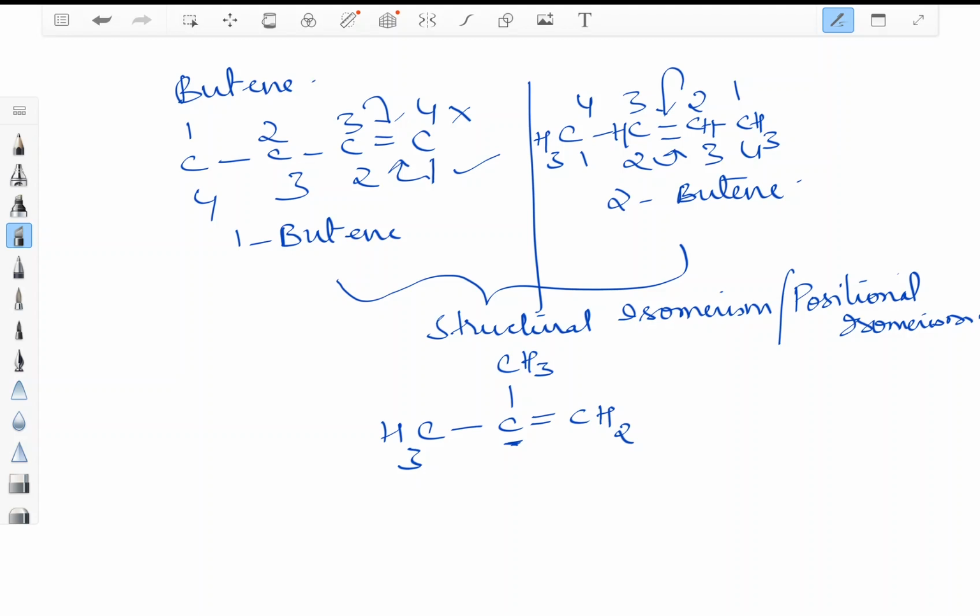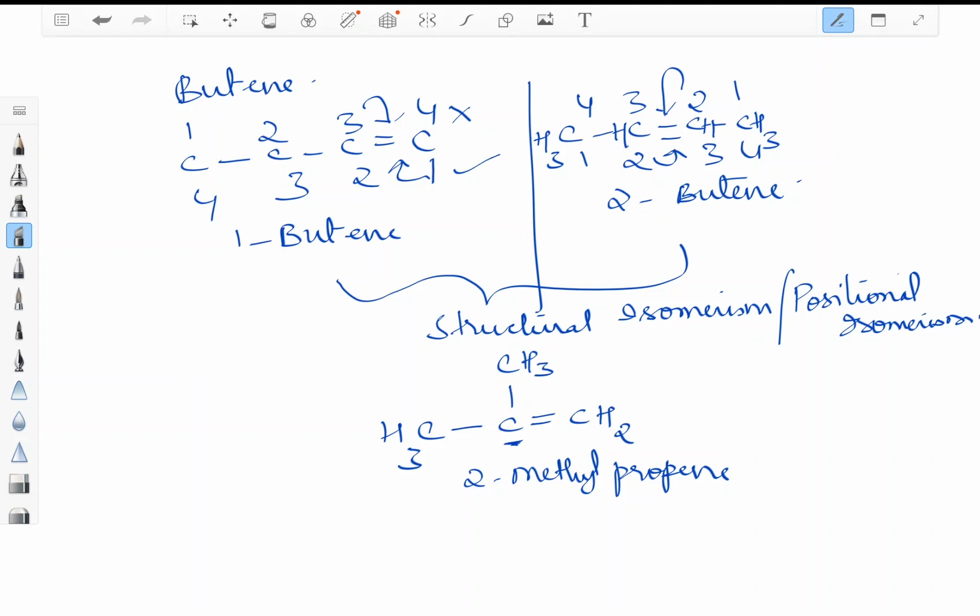In this case, the name of the compound will be 2-methyl propene. Because it is at first position, I am not writing the position of the double bond. Even this is also an example of structural isomerism wherein it is positional isomerism.